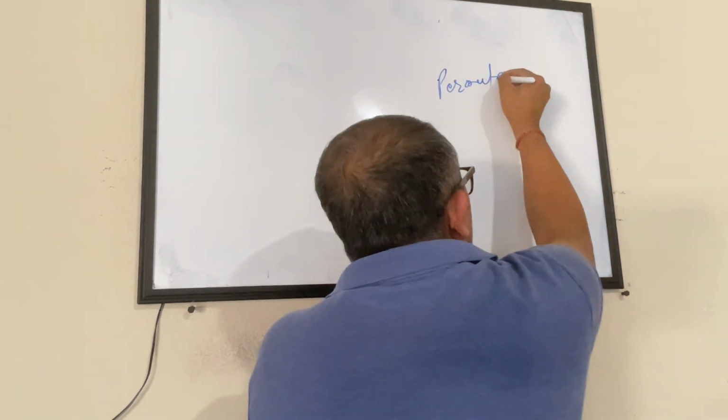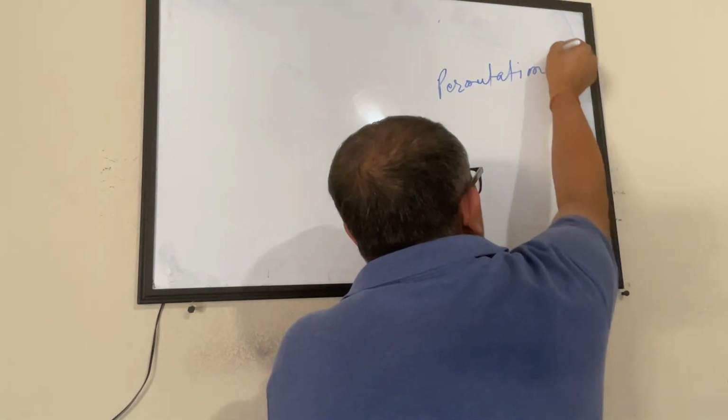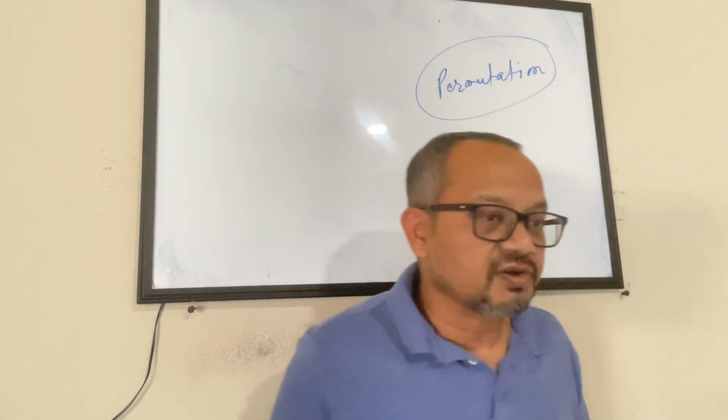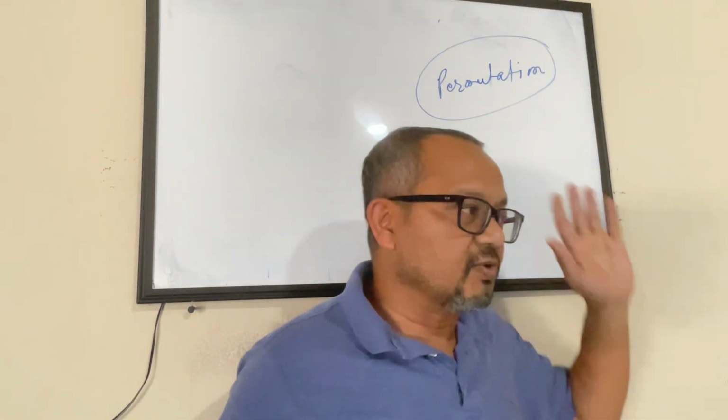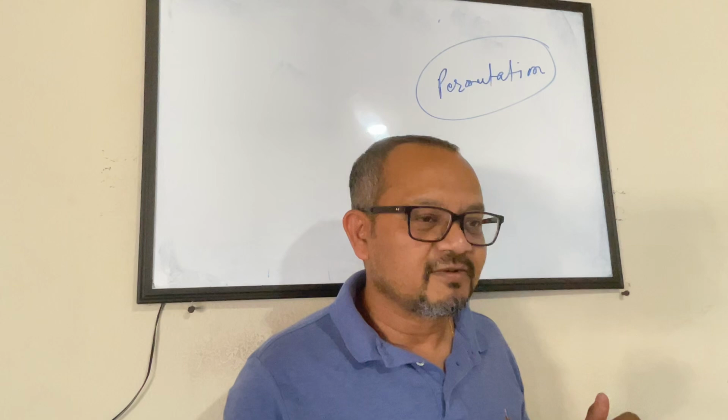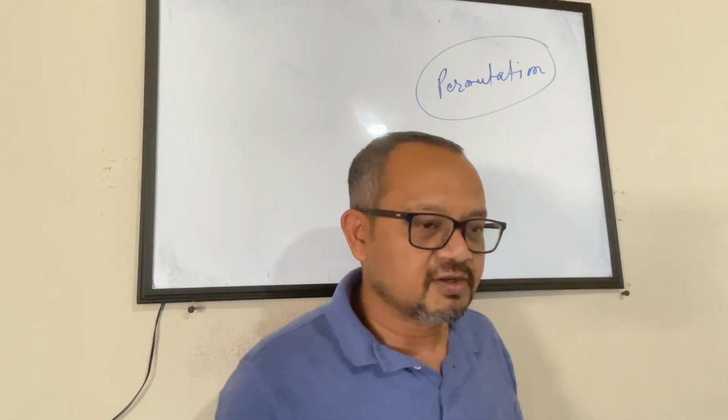Permutation. Can anybody tell me the basic definition of that, or your understanding of what a permutation could be? Anybody? I'm assuming that you have heard this term. Chris, Dev, Arya, Dhanusri, anybody?